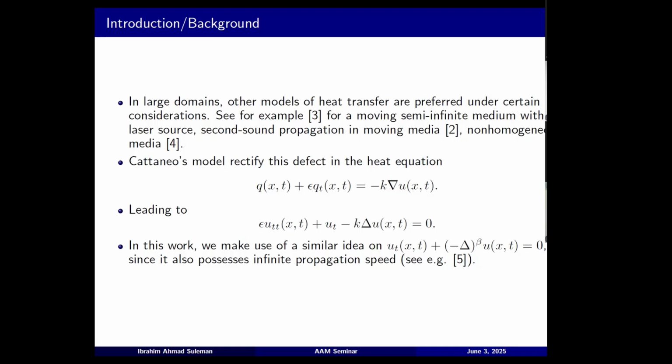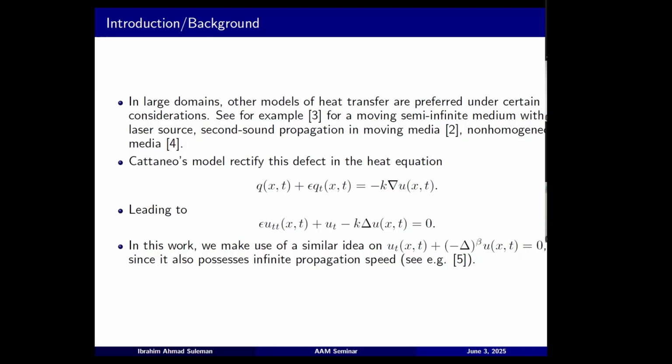So now that we have seen the defect associated with the heat equation under certain conditions, there are others that have worked on how to rectify this defect. Among those, there's James Maxwell and Vernotte, but Cattaneo is much more referred to.